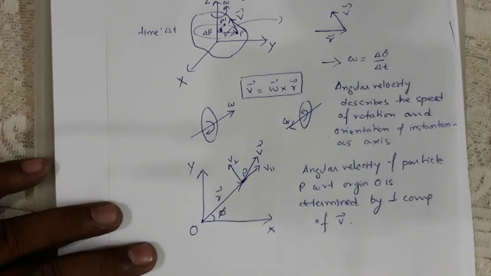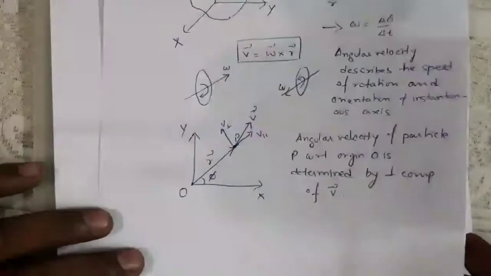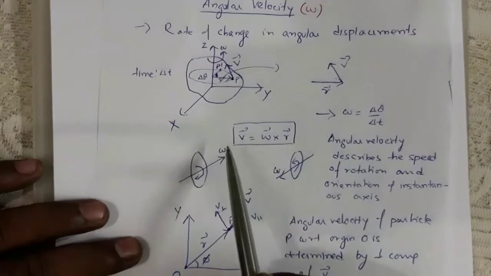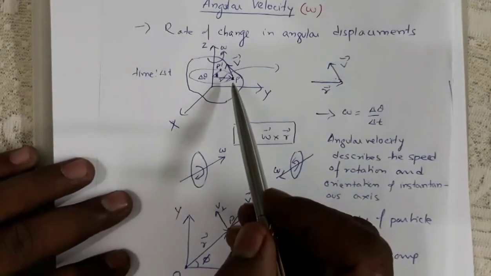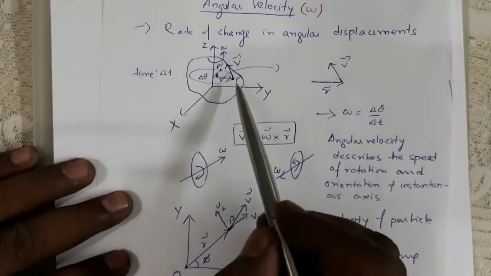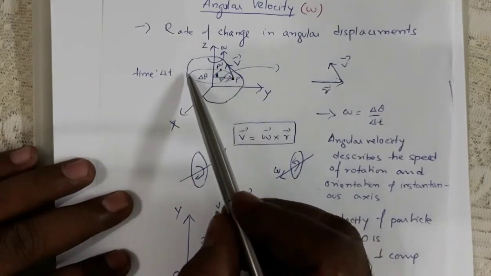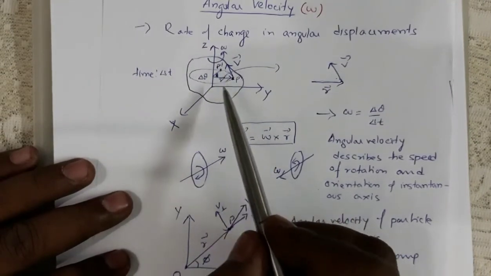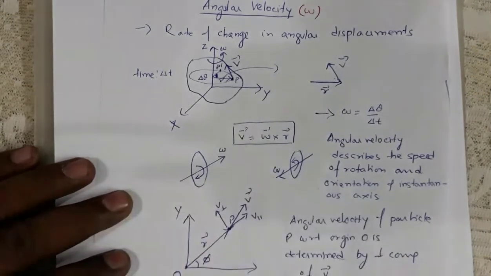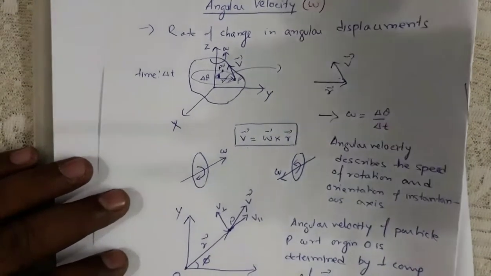Now another important thing, which I have given in my previous video also: in case of pure rotation, all the points on this rigid body will have the same angular velocity.